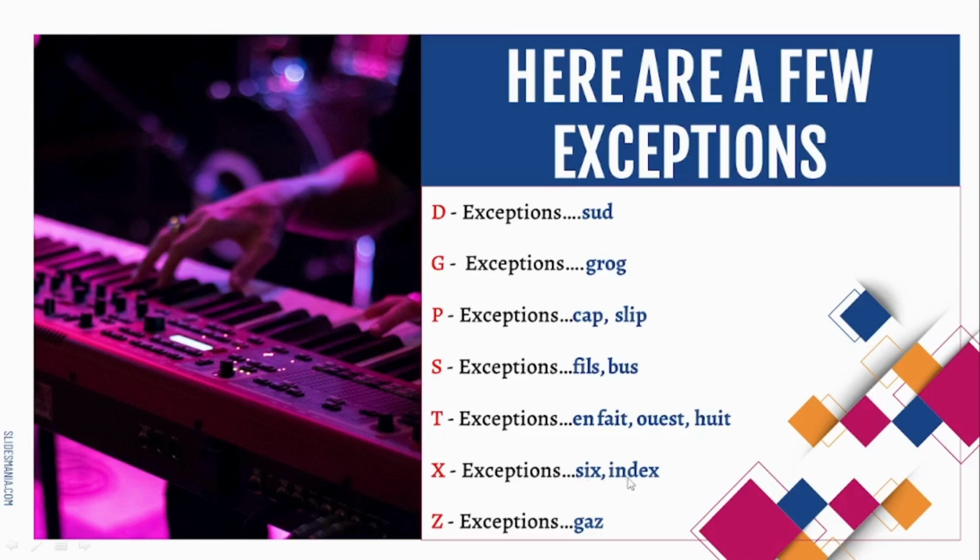And for our final silent letter, Z. The exception for that is gaz. Gaz. All right. So these were a few exceptions for the letters that are usually silent at the end of words.